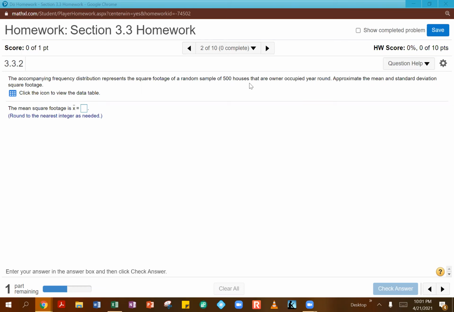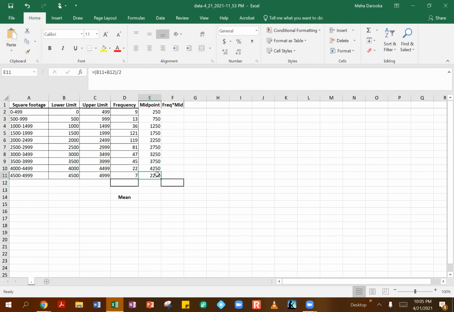For our last class, you will see this is only going from 4,500 to 4,999, and we don't have anything in this box over here. That's why this number is coming out to be incorrect. If this upper limit is ending at 4,999, and we had another class starting after that, it would be starting at 5,000.